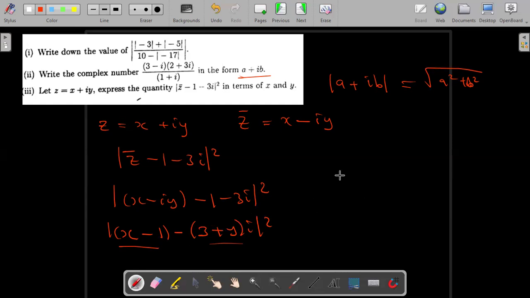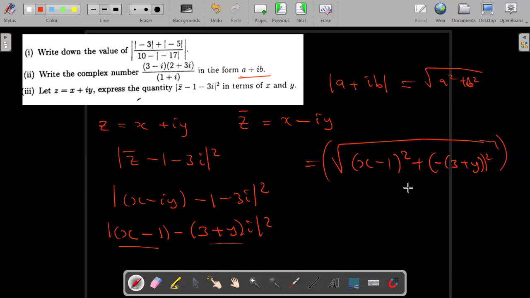So this will be equal to root of, then the first part is x minus 1 squared, then plus, of course the negative sign, then 3 plus y. You do not involve the i there, then this here squared, but then remember there's this other outer square, so you have that squared there.